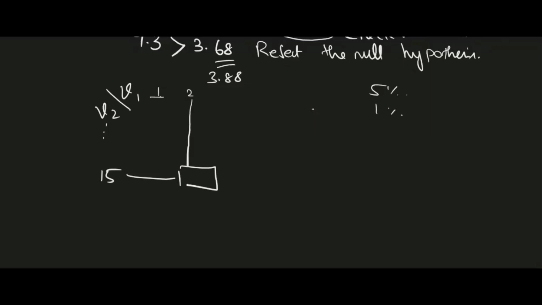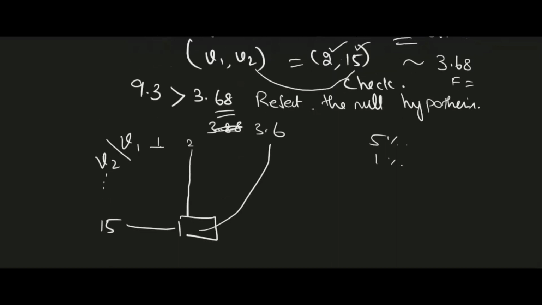For example, for 15 itself, 2 rows will be there. It depends on how they are giving the tabular column. In this question, 15 is not there, so we will take the very next value. It happened to be 3.6 something. So in the 15th row, second column, this value will be there. This is the corresponding value. Anyhow, your 9.3 is greater than 3.6 something. So we will reject the null hypothesis.